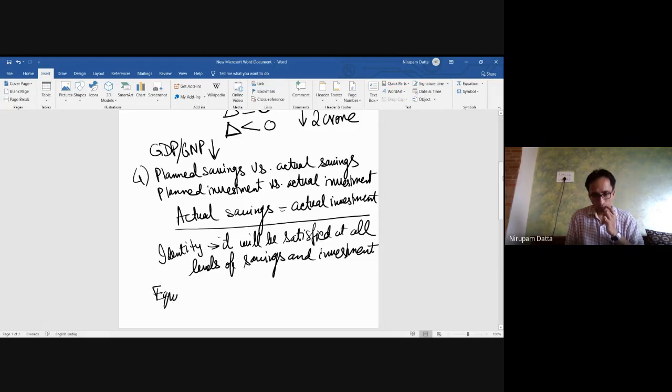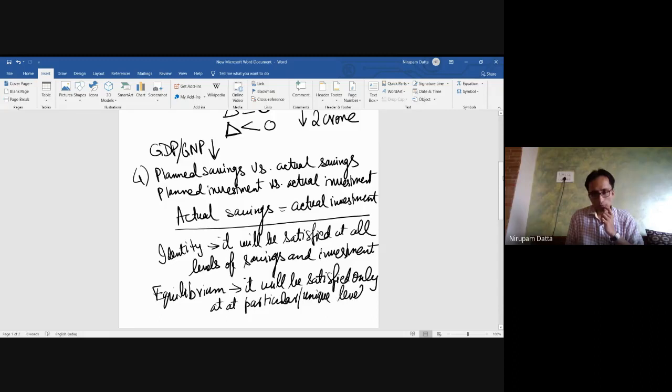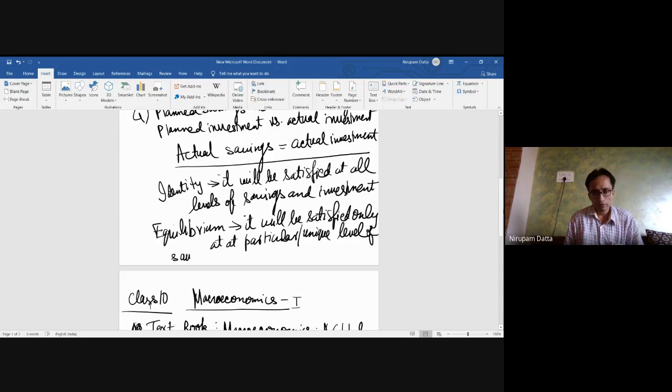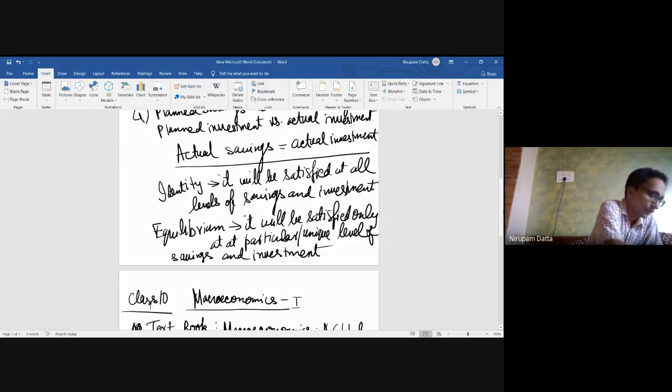Whereas equilibrium, just like your market equilibrium, will be satisfied only at a particular or a unique level of saving and investment. So you'll have to keep these points in mind when you write your answer or elaborate your answer.